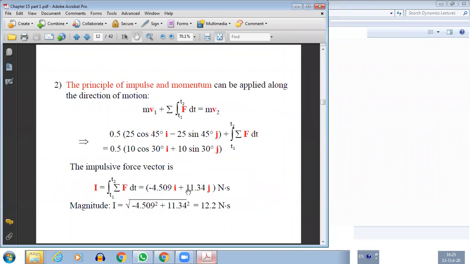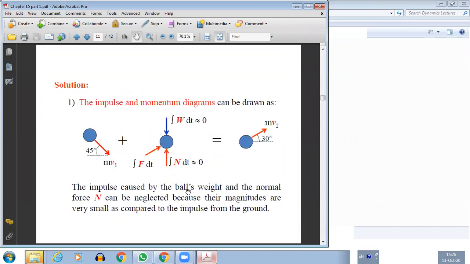Now we can write down the equation. The equation is mv1 plus the summation of the integral of F dt from t1 to t2 equals mv2. Now for mv1, the mass is the same, and we can put the velocity into vector format with i and j components. It was moving 45 degrees downward, so it has an x component in the positive direction and a y component in the negative direction.